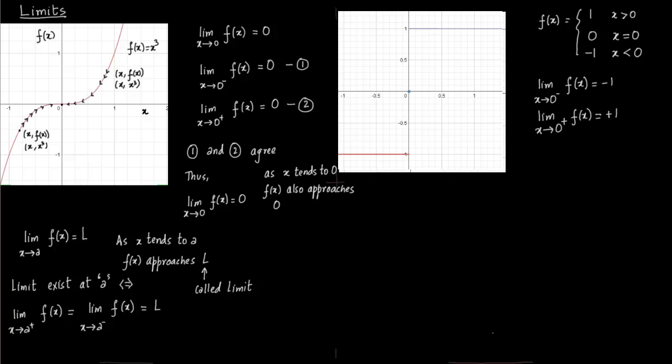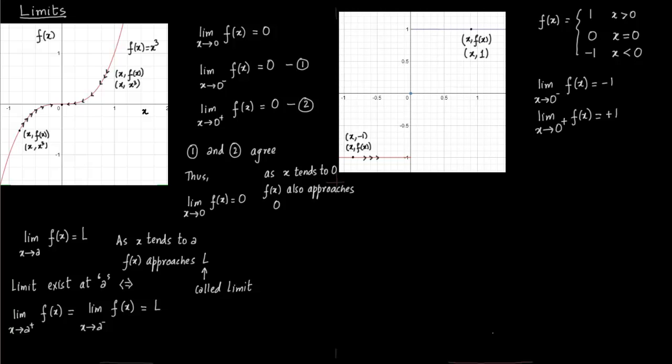And again, if you approach 0 from the positive side, only the x is varying, as you can see, and f of x, which is the second coordinate, is constant at 1. And you can see f of x itself at 0 is 0.